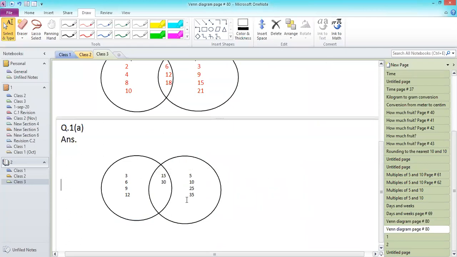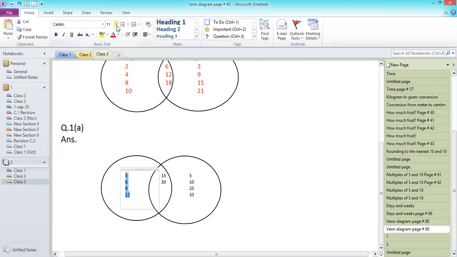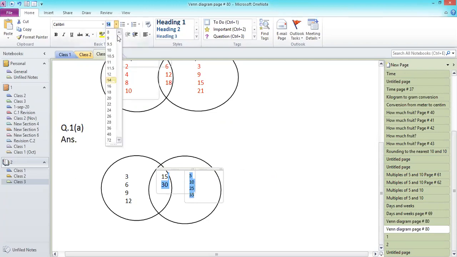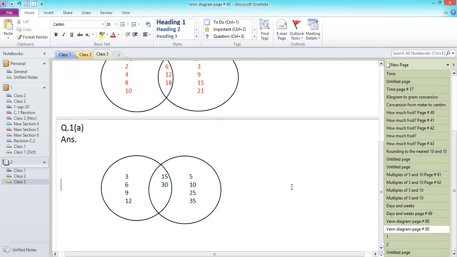This is the common. So these all are multiples of 3. And these all are multiples of 5. These all are multiples of 5. So I'm going to write the name.